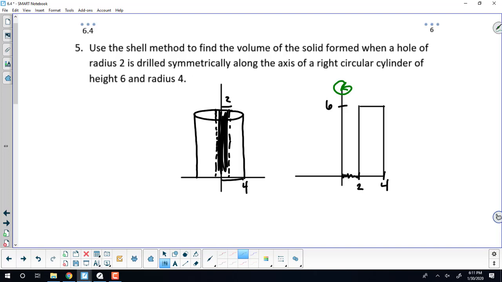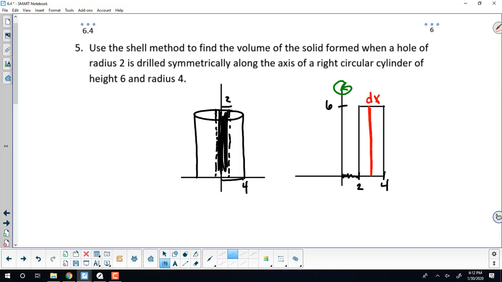We're going to fill this rectangle up with slices. Just to get our bearings, we're integrating with respect to x, since in the shell method we slice parallel to the axis of revolution. So there's our slice.